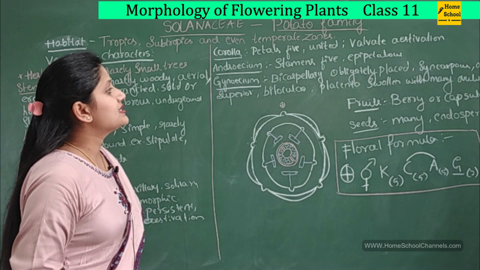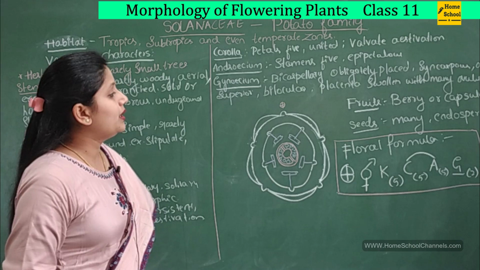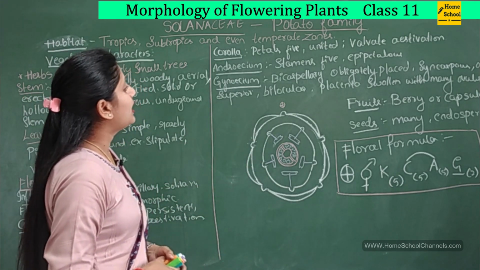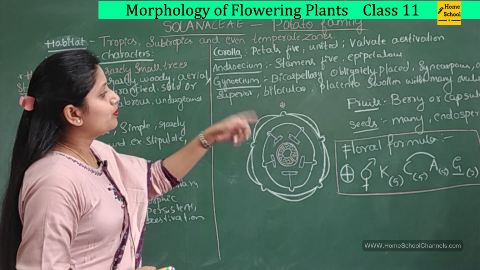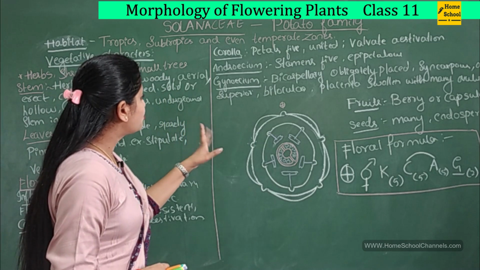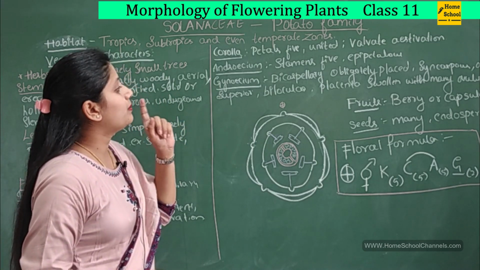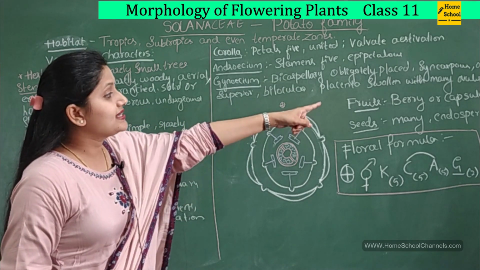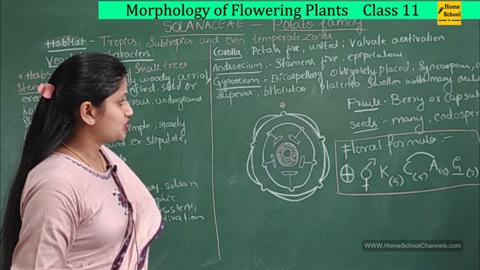Epipetalous means the stamens are attached to the petals or to the whorl of the corolla. Gynoecium, they are bicarpellary, obliquely placed, syncarpous, and the ovary is superior, bilocular, placenta is swollen with many ovules and they show axile type of placentation.